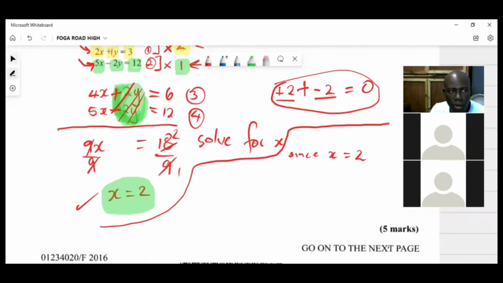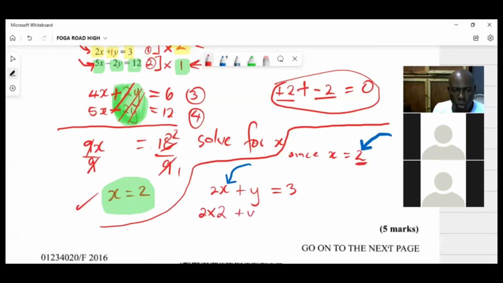The top one looks way simpler because it just says 2x plus y equals 3. What we want to do is substitute x equals 2 right here. So we put 2 where x is. We'll have 2 times 2, plus y, equal to 3. This is saying 4 plus y is equal to 3.